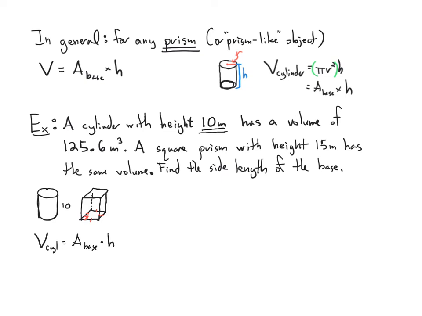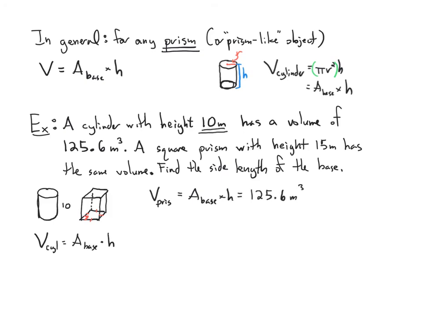So we know that the volume of our, let's call it square prism, maybe pris for prism. Well, again, it's area of the base times the height. And we're told that the volume is 125.6 meters cubed.